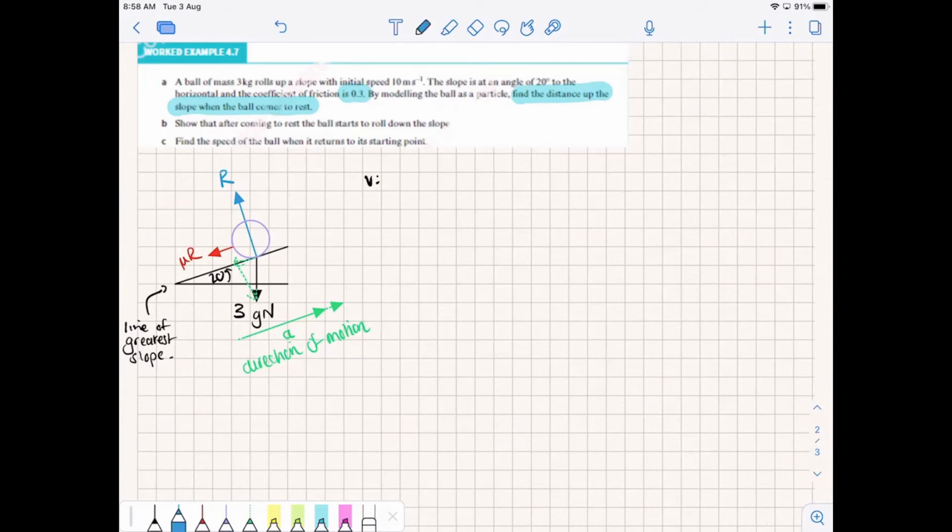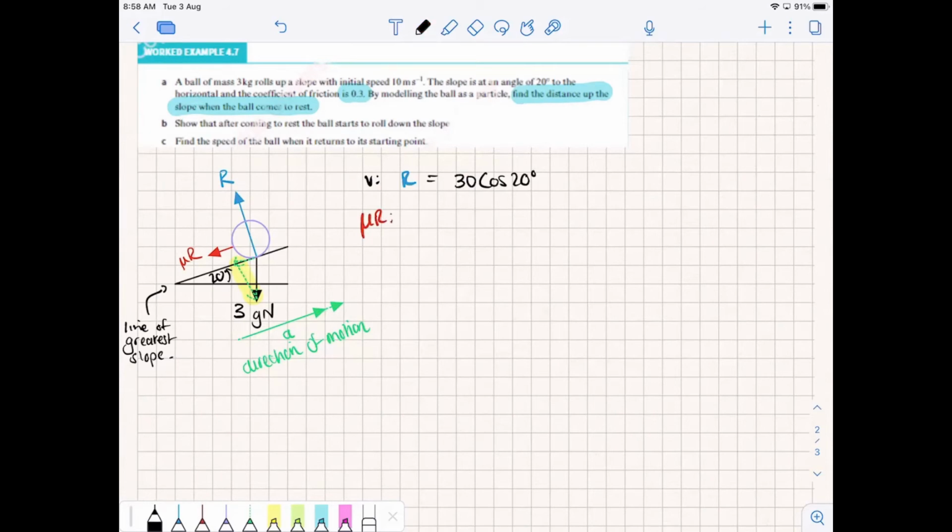So resolving vertically, I have the normal contact force going in one direction, and I have the vertical component of that weight force going in the opposite direction. That's going to be 30, the adjacent side, cos 20 degrees. So there's my vertical one, resolved vertically. And like before, the next step is now the friction force. Do I have the coefficient of friction?